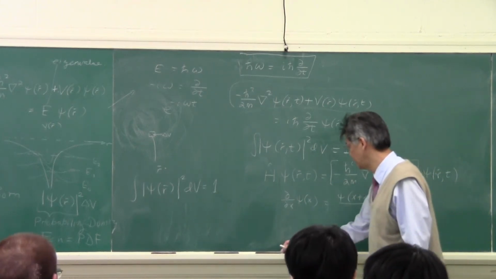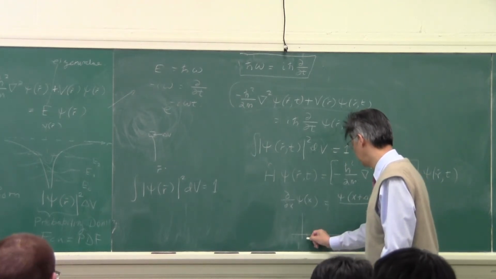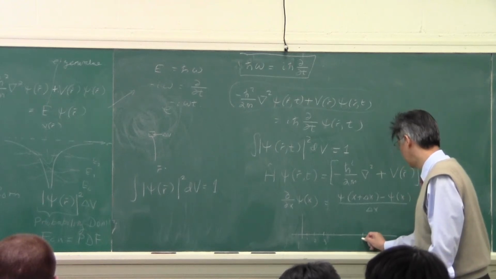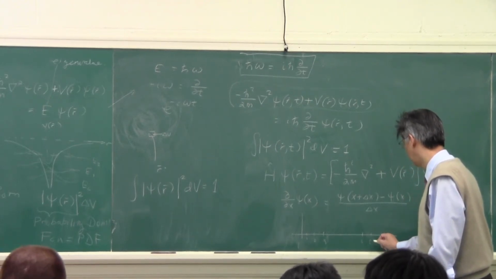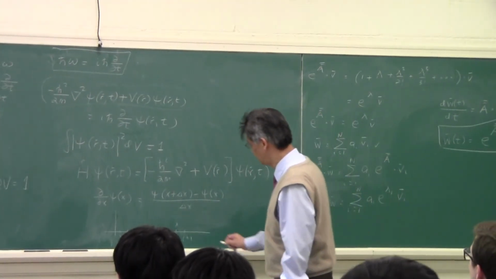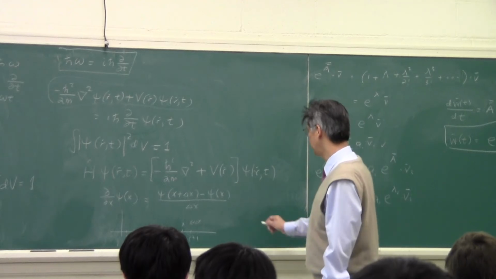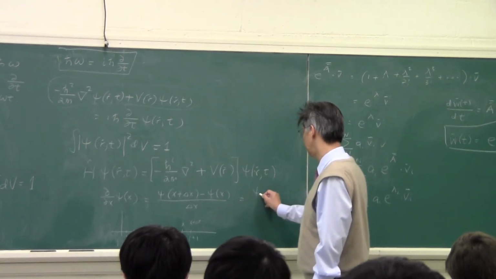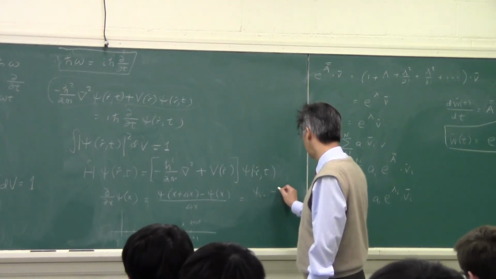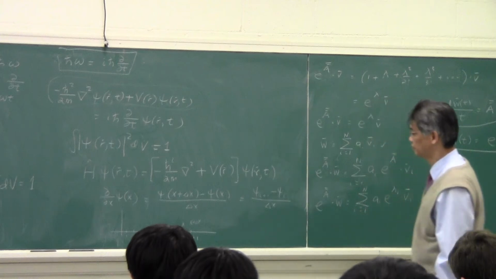And if I were to discretize space and call the positions 1, 2, 3, and so on, this is i plus 1. And if I label my i position to be x, the i plus 1 position to be x plus delta x, I can write this as psi at i plus 1 minus psi at i, divided by delta x.